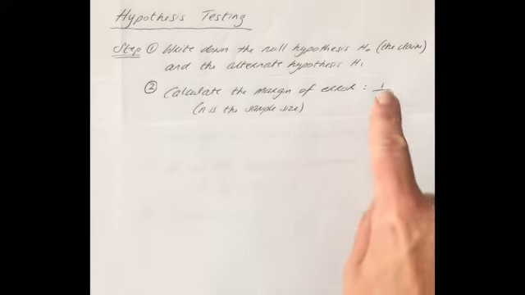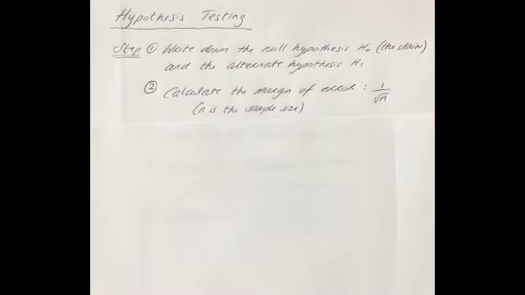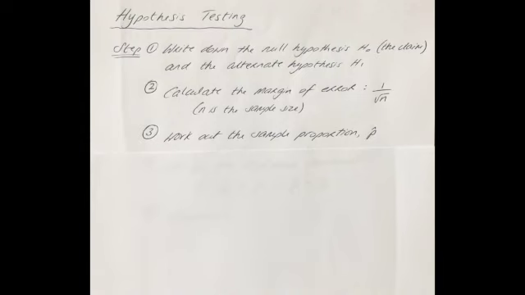We basically just do 1 over the square root of n, where n is the sample size, and you'll be given that information in the question. Again, we'll see that the minute we jump into an example together. Step 3, you'll work out the sample proportion. This is going to be the result of your study or your survey, and you'll work that out. P hat, by the way, is the notation for sample proportion.